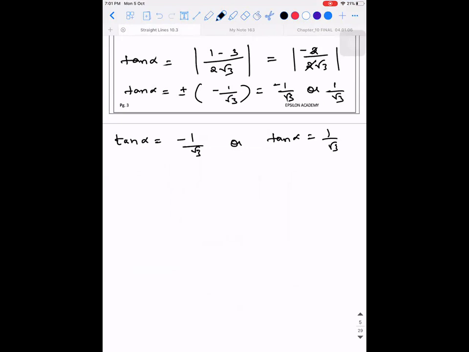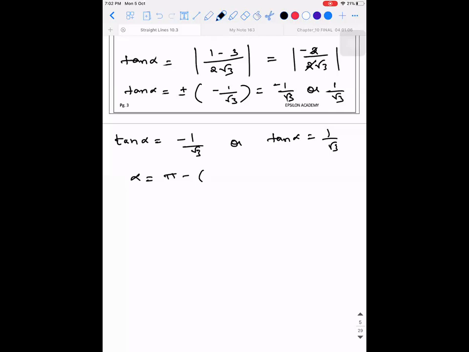Minus 1 by root 3 belongs to which quadrant? So where will tan become negative for the first time? Second quadrant. The second quadrant means angle will be in the form of pi minus acute angle.